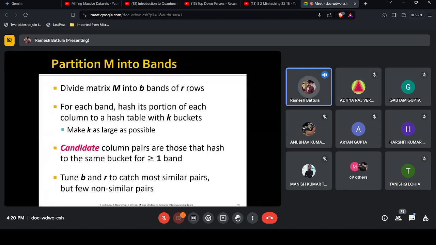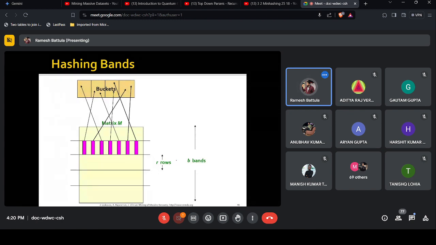So candidate pair, how will we define? Candidate column pairs are those that hash to the same bucket for at least one band. In this particular example, we have two columns, column 1, 2 and 6. Column 1 2 is this one and column 1 6 is this one.